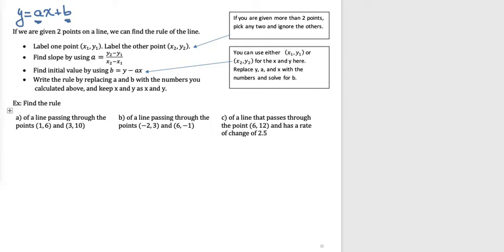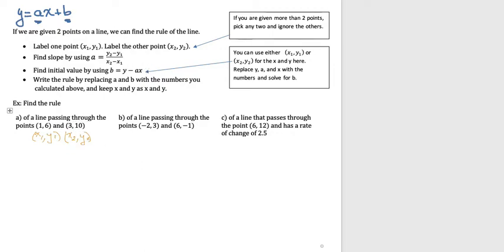If we have 2 points, (1, 6) and (3, 10), we're going to pick either of them and label it x1 and y1, so the x and the y from the first point. And then the second point becomes x2 and y2. So this 1 is x1, the 6 is y1, the 3 is x2, and the 10 is y2.